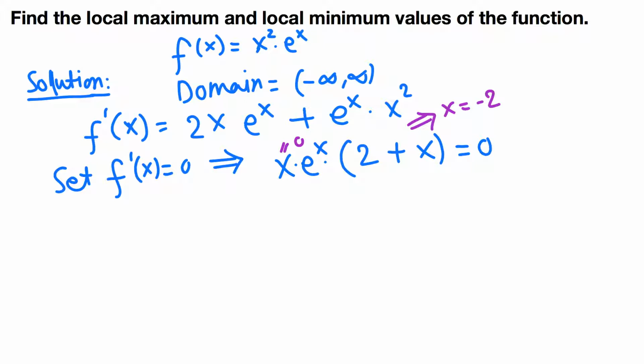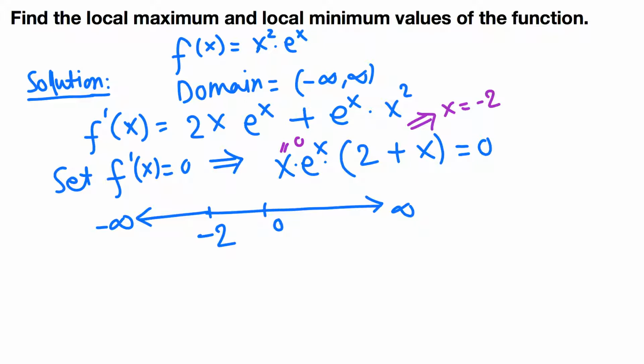So we do the number line, the interval test or sign chart, with 0 and negative 2. 0 is somewhere here and negative 2 maybe here, and the domain is all real numbers. So we need to test 3 intervals: negative infinity to negative 2, negative 2 to 0, and 0 to infinity.